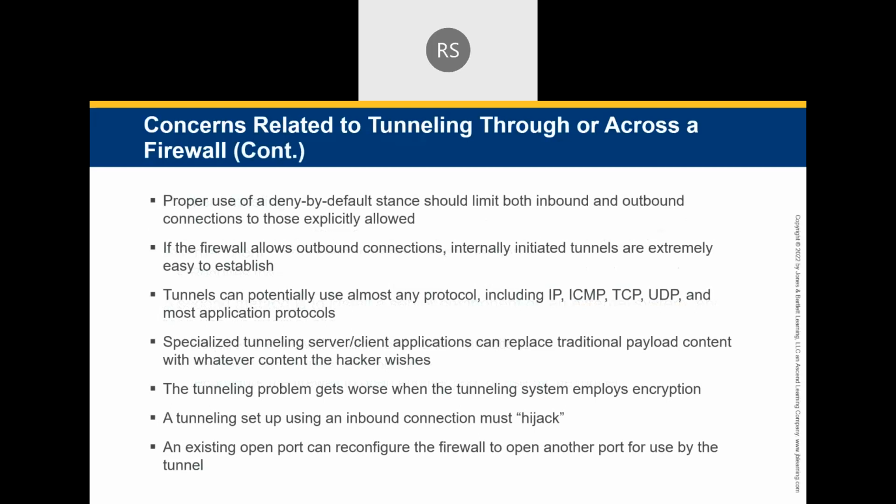Proper use of the deny by default stance should limit both inbound and outbound connections to those explicitly allowed. So if the firewall permits outbound connections, internally initiated tunnels become relatively easy to establish, potentially bypassing security controls.